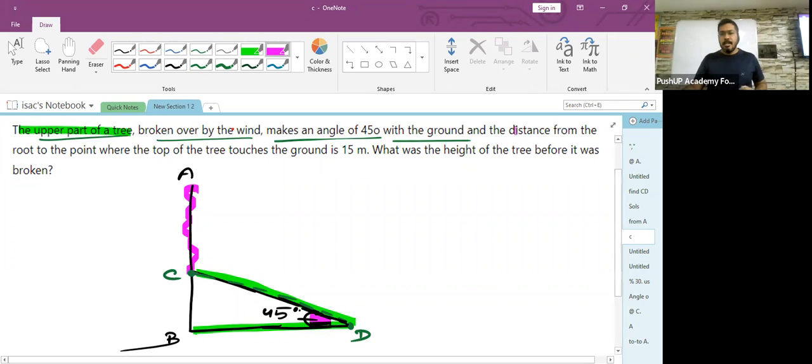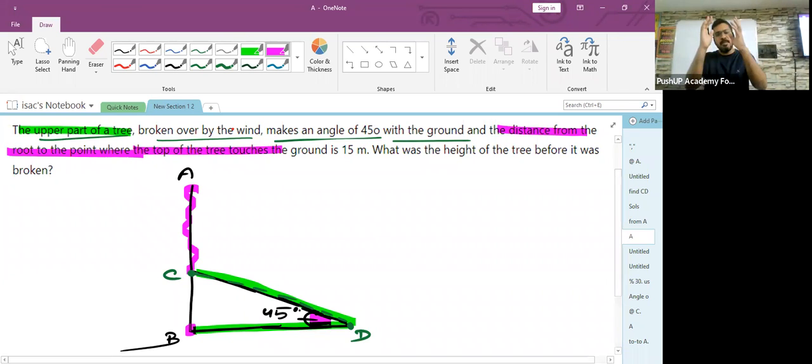Now, the distance from the root to the point where the top of the tree touches. Children, if AB was the whole tree, where would be the root? The root would be at point B, isn't it? Because that lower portion of the tree did not move from there.